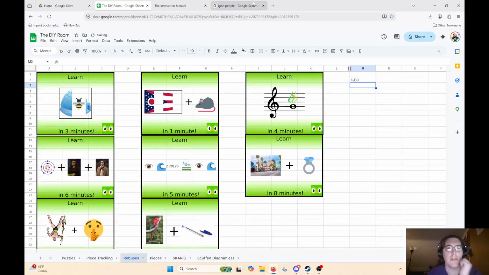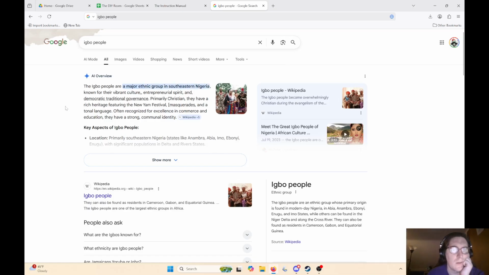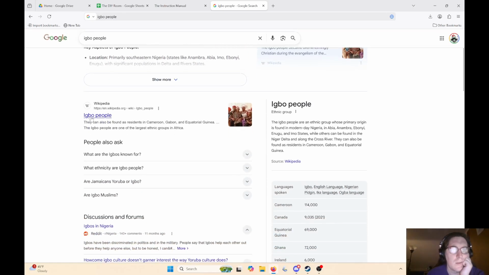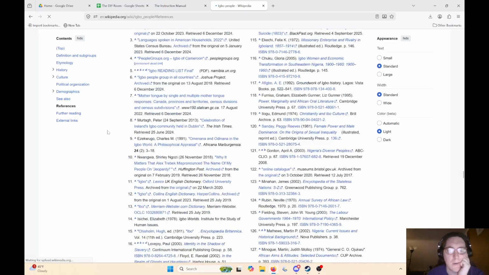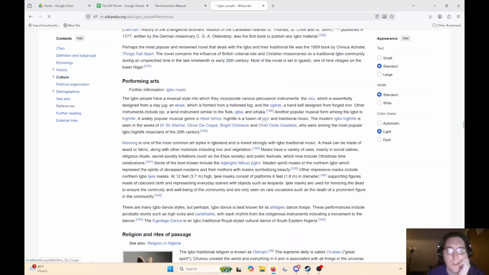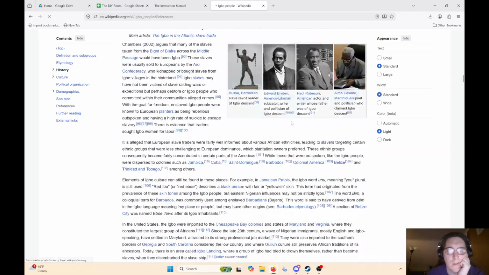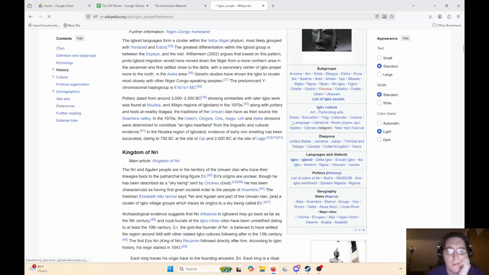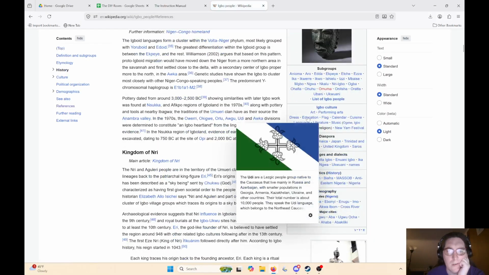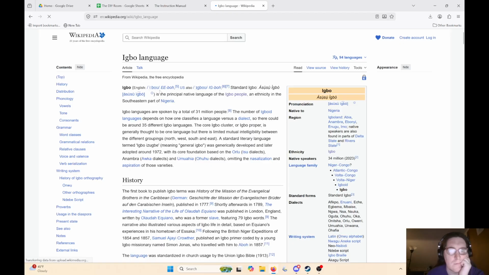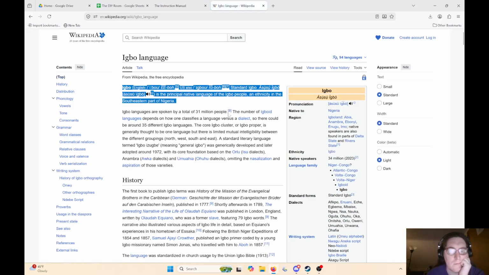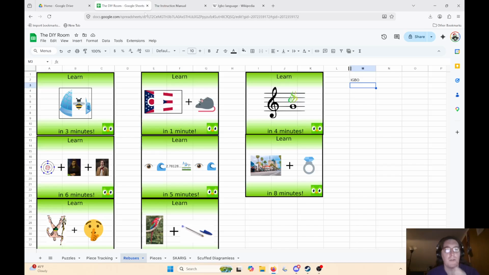What is the WJ one? Okay. So this is ethnic group. Do they have a language? Native principal language of the Igbo people and ethnicity southeastern. Okay, so Igbo is definitely a thing. Igbo 3.